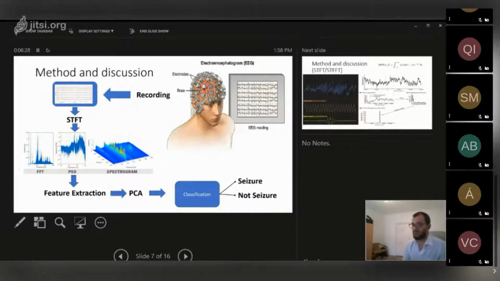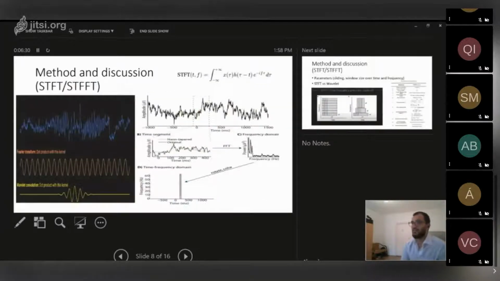So let's go in depth. For short-time Fourier transform, for extracting features from the signal, I will let you know a little bit about the Fourier transform, because we have to do the Fourier transform to do the short-time Fourier transform. For the Fourier transform, we have a filter bank here.